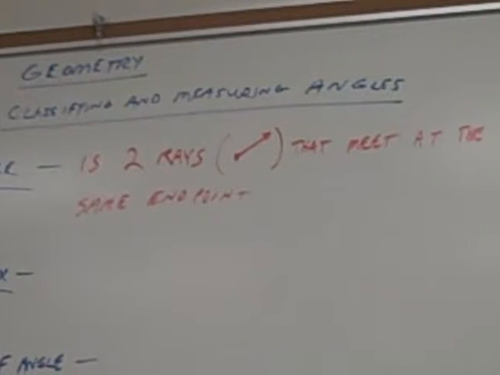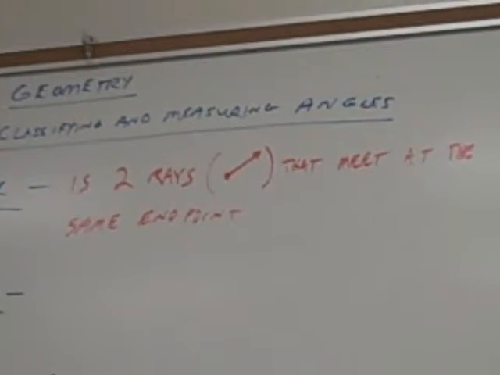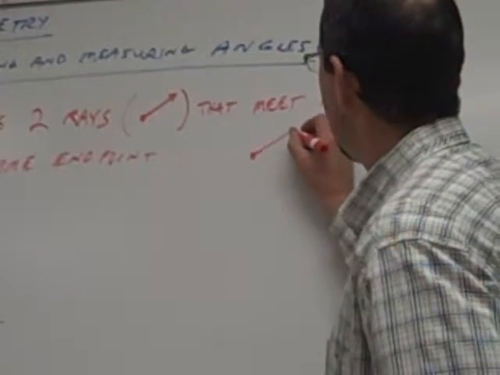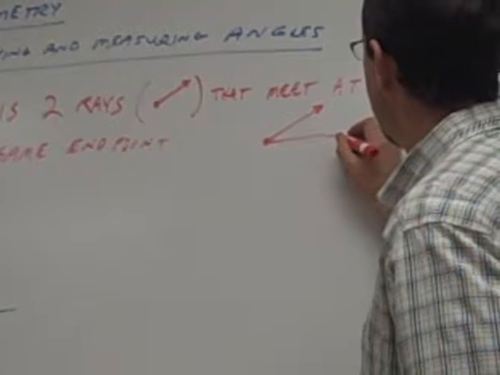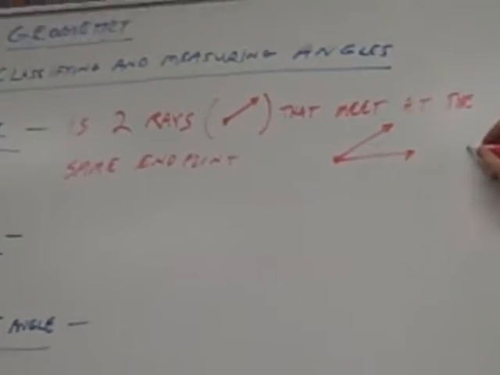Two rays that meet at the same end point. That is an angle. In other words, two rays that meet at the same end point.